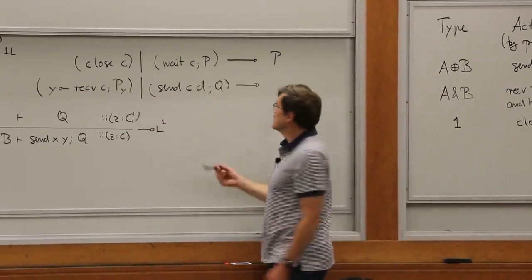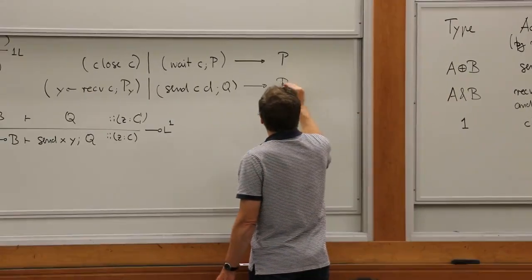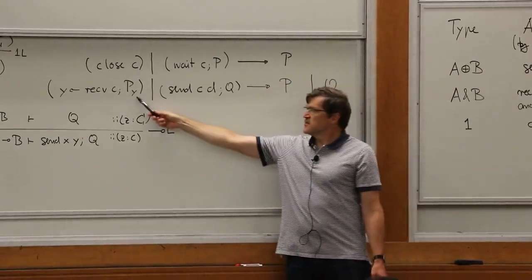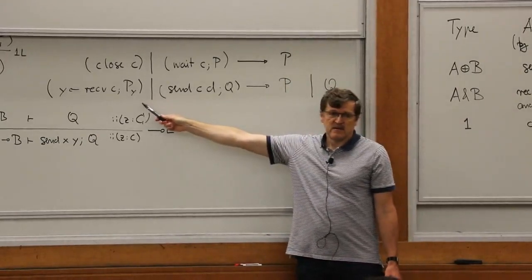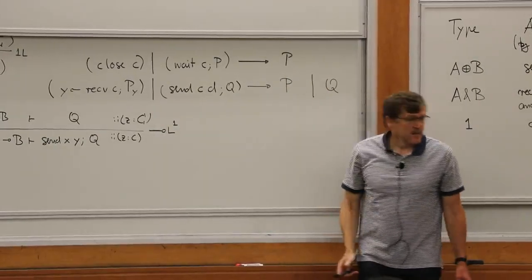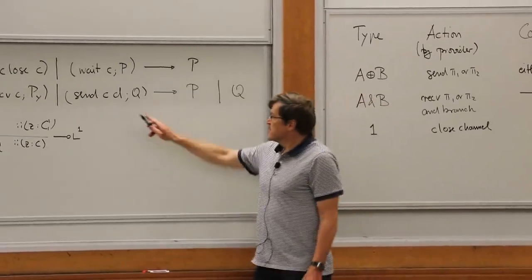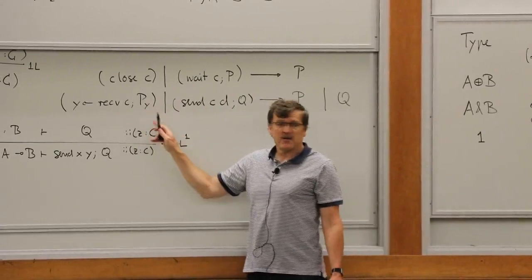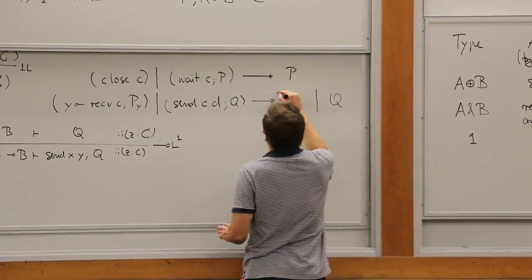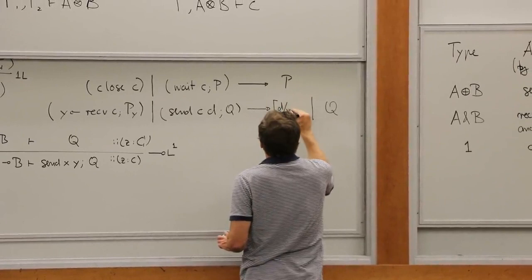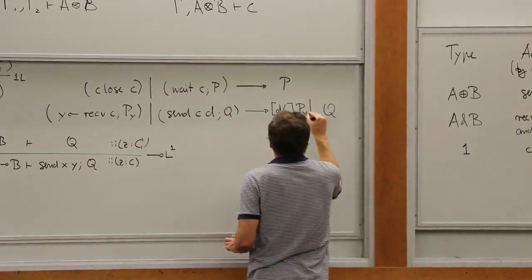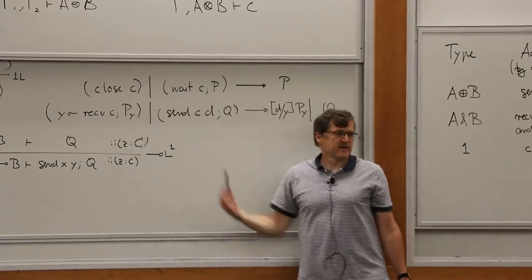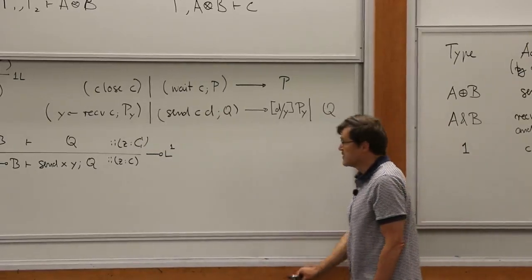Because both of these sides have a continuation. This is going to be a P here and a Q here, except that this isn't the original P, but depends on y. We have to substitute the channel that we actually send, which is D, for the variable y in P. So we substitute, I'll write it explicitly, D for y in P sub y. Okay? So we have communicated the channel from here to over there. Okay? So that's the goal of that particular operation.